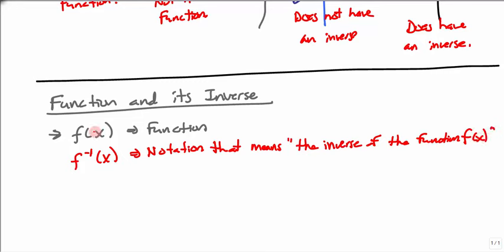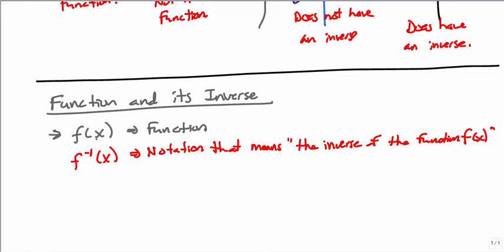Okay, so our original function is f of x. The inverse of f of x is this notation, f inverse of x. And again, this does not mean 1 over f of x. This exponent does not mean to reciprocate. This is just the notation that represents the inverse. So that's important to remember.